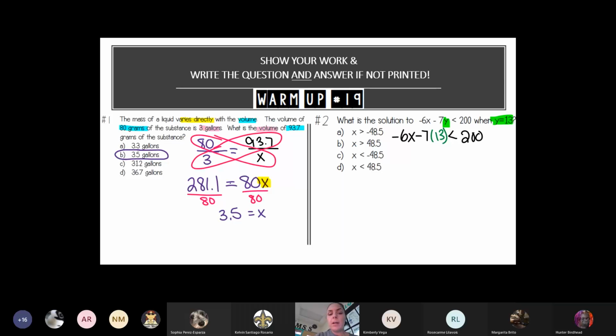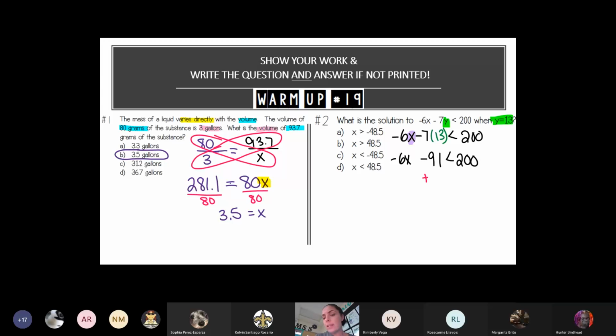At that point, all we have to do is solve for x. So we can simplify by doing negative 7 times 13, which is negative 91. So we have negative 6x minus 91 is less than 200.